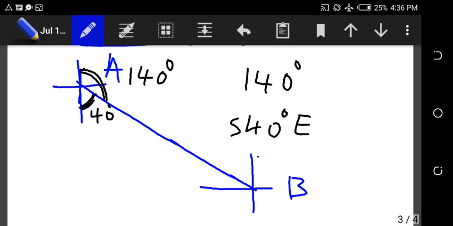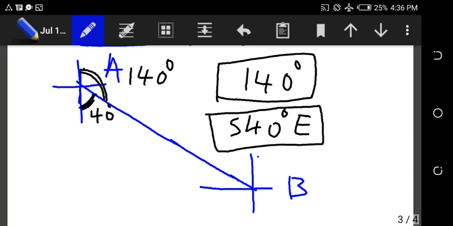So you see that these two bearings equate to each other. A true bearing of 140 degrees is equivalent to south 40 degrees east for a compass bearing. So you see there's a conversion here that we can easily pick out, the conversion between true bearings and compass bearings.